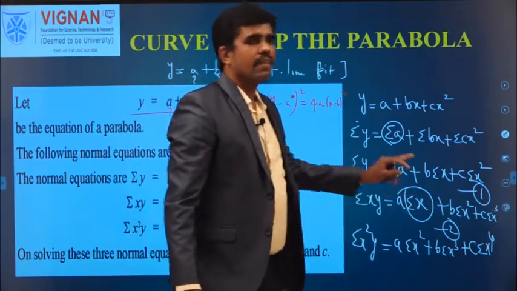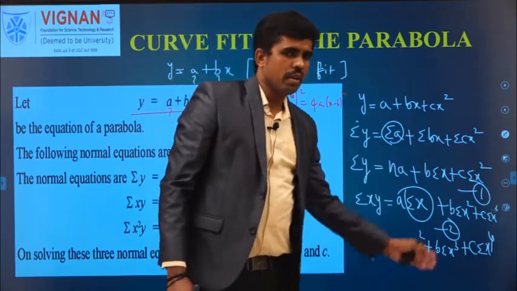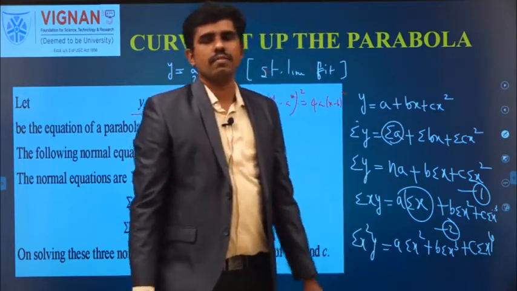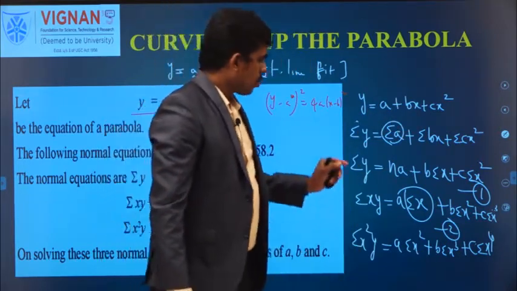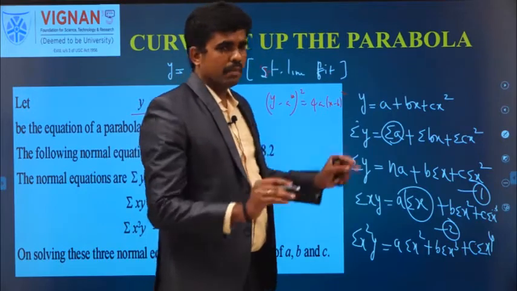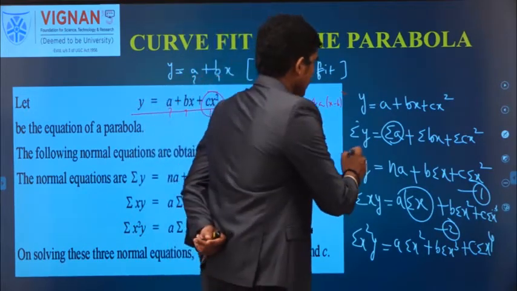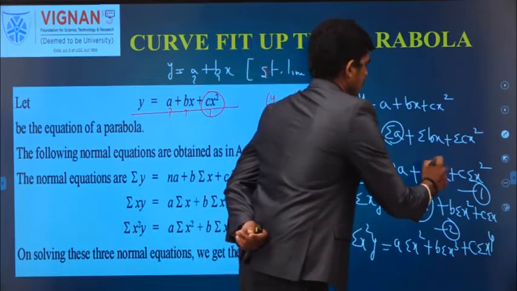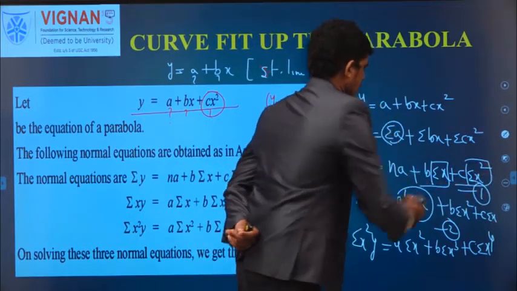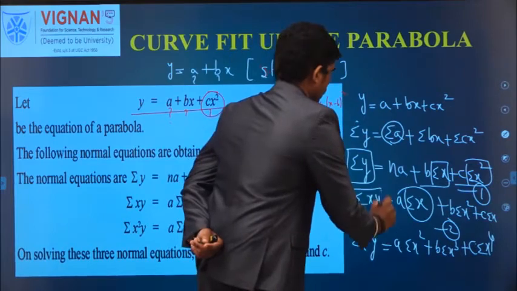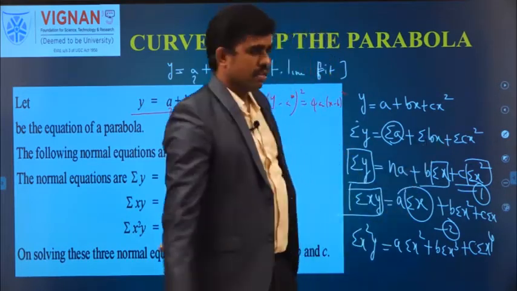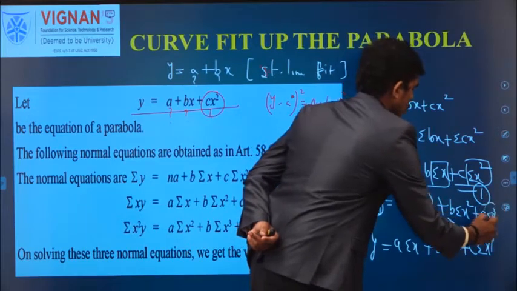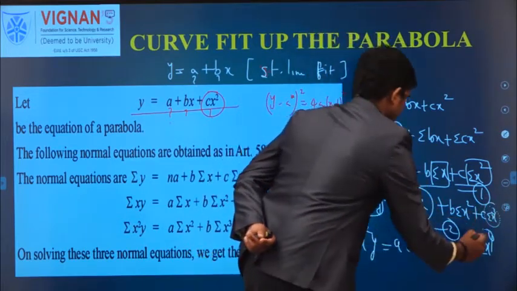So what are all the values we need? This is called a normal equation. These equations we are going to use to find the values of a, b, c. So what are all the values we need from the table? I need summation y, summation x, summation x square, summation xy, summation x cube and summation x power 4.